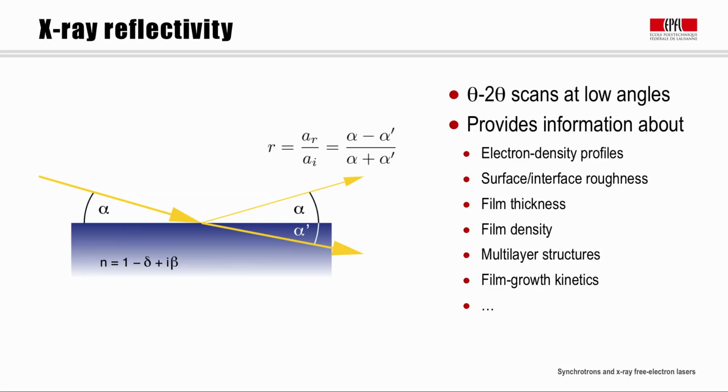Exactly at the critical angle, therefore, alpha prime is equal to 0, and the reflectivity is unity, as we would expect. We should also recognize that the reflectivity will drop off thereafter very rapidly with the incident angle, as the difference in angle between the incident and transmitted beams rapidly becomes very small indeed.